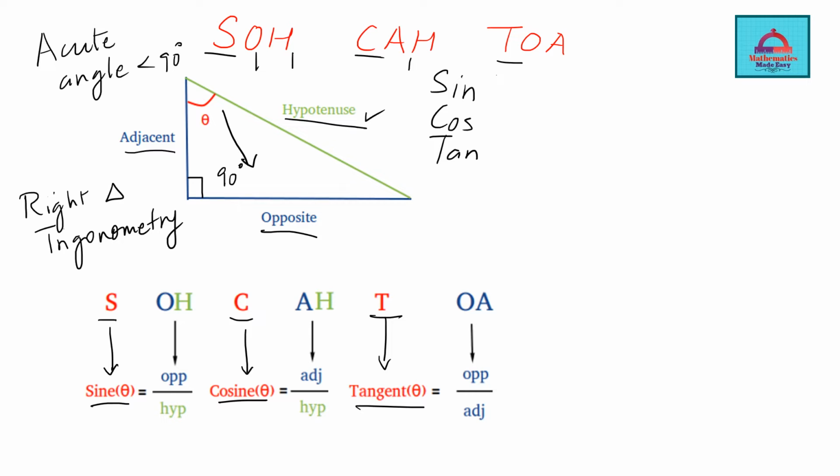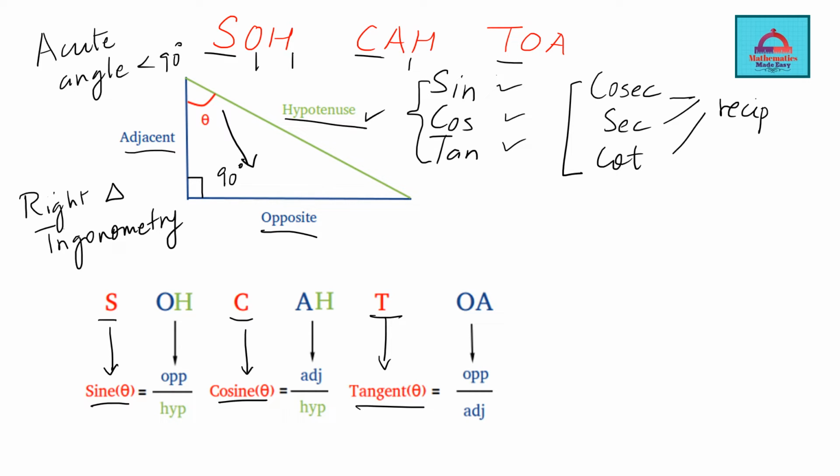So these are the 3 basic trigonometric ratios: sine, cos, tan, and the remaining 3, cosecant, secant and cot, you can find using the basic 3 ratios. So these 3 actually together are called, if you remember, reciprocal trigonometric ratios.